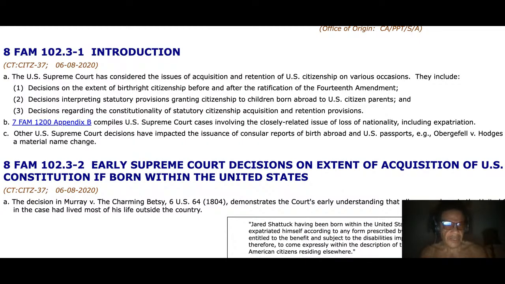Decisions interpreting the statutory provisions granting citizenship to children born abroad to U.S. citizen parents, excuse me. And those are all legal terms: U.S. citizen and parents. So there's three different words. That's one term. You should know what all these words mean. Anyway, decisions regarding the constitutionality of statutory citizenship acquisition and retention provisions.